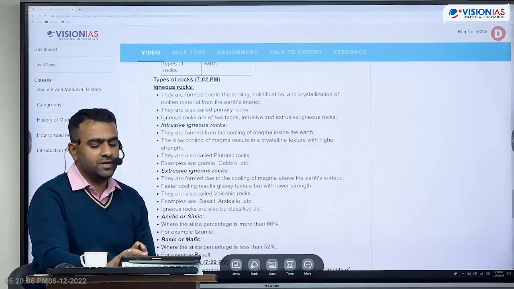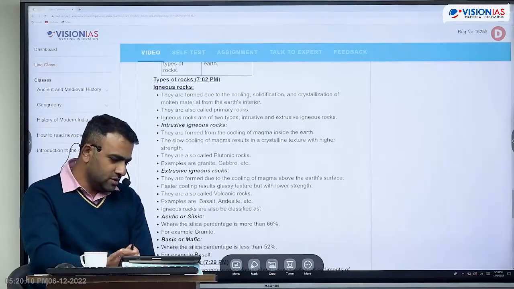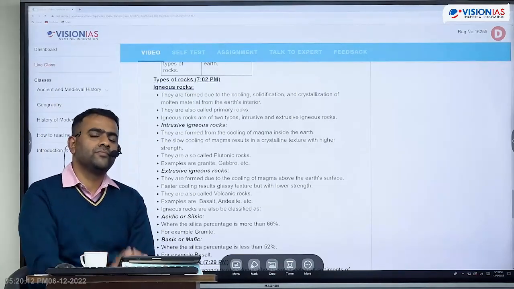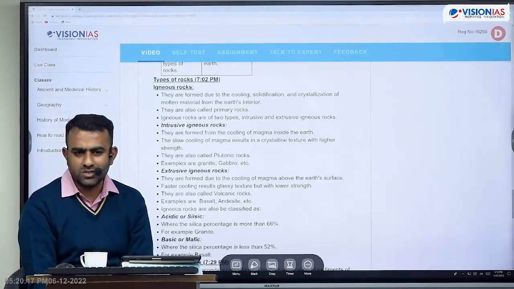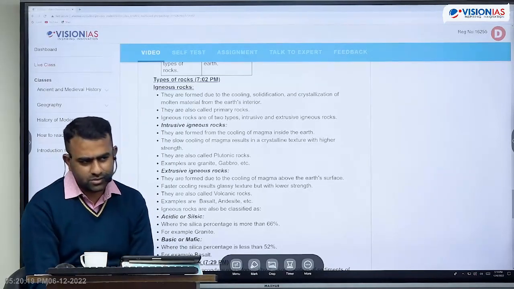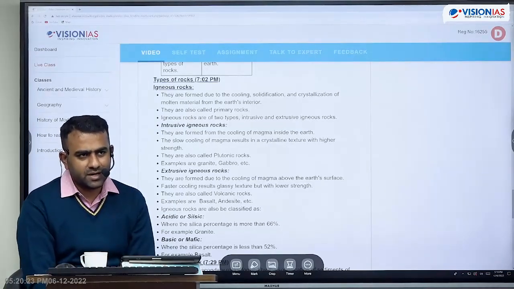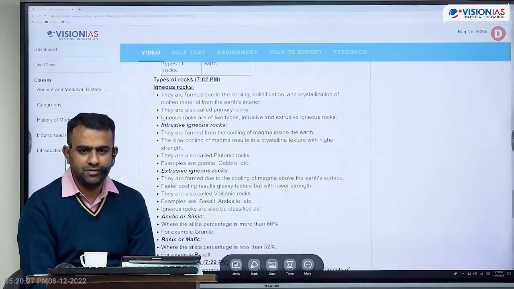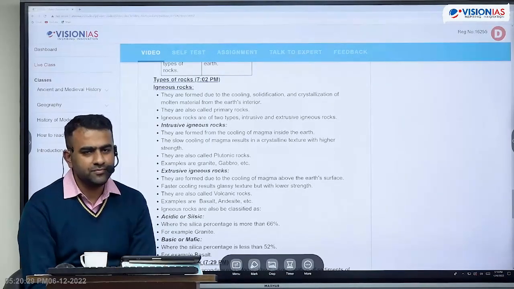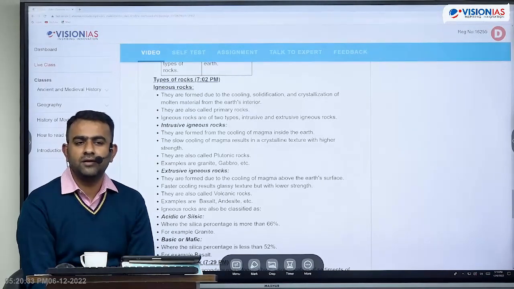Second type, sedimentary rocks. Sedimentary rocks are basically formed by the deposition of sediments which are derived from other rocks. It can be an igneous or sedimentary or metamorphic rock, तीनों हो सकता है. Once the sediments are formed, through the process of degradation, which involves weathering and erosion, they get transported and then deposited.